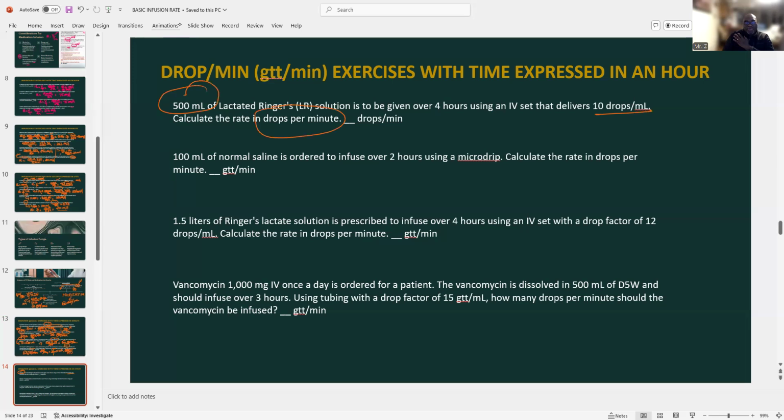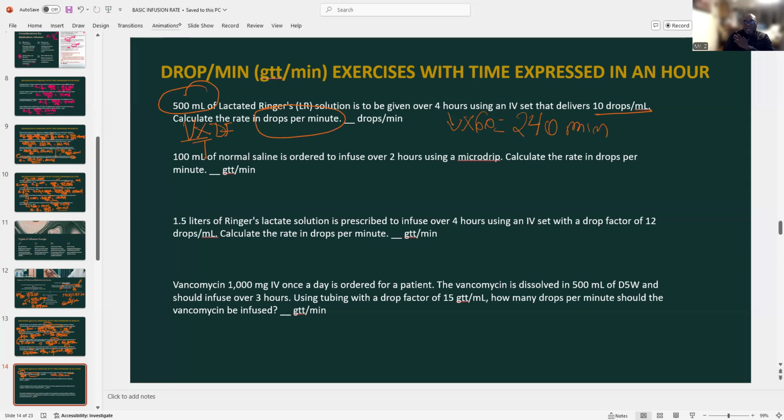All right, you know drops per minute is volume times drop factor divided by time. The time must be in minutes. I got 4 hours, so to convert that to minutes, you're going to multiply this by 60. So you have now 240 minutes.